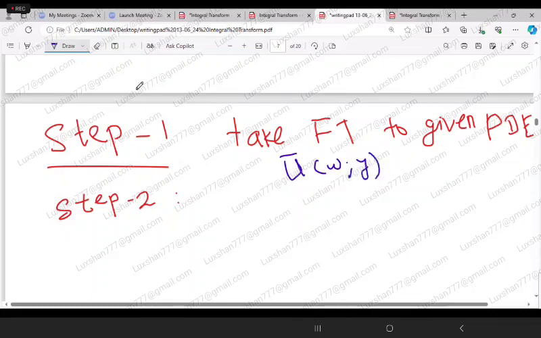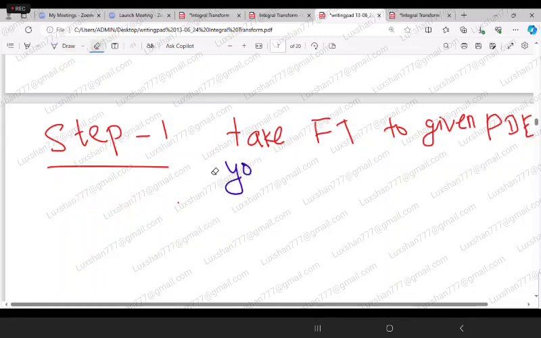You will get an ordinary differential equation.